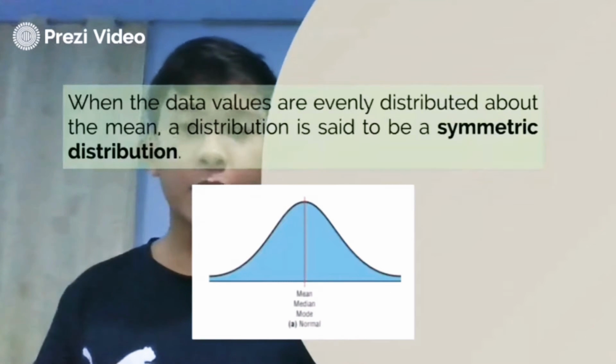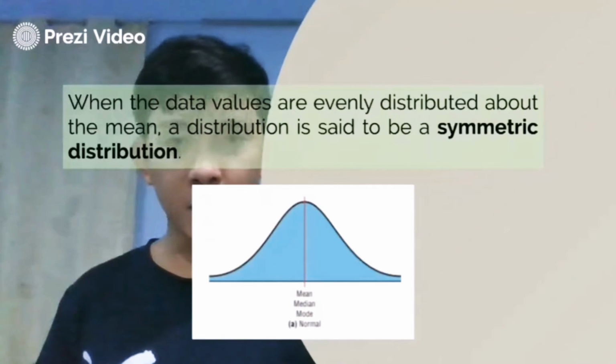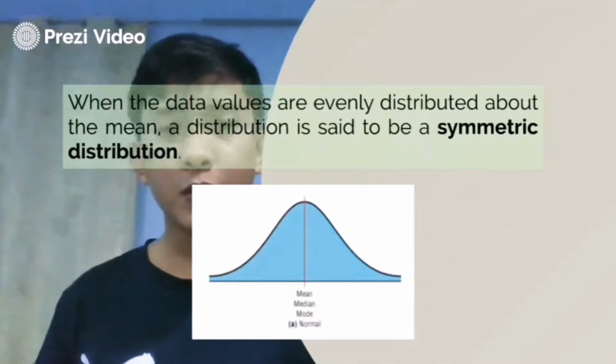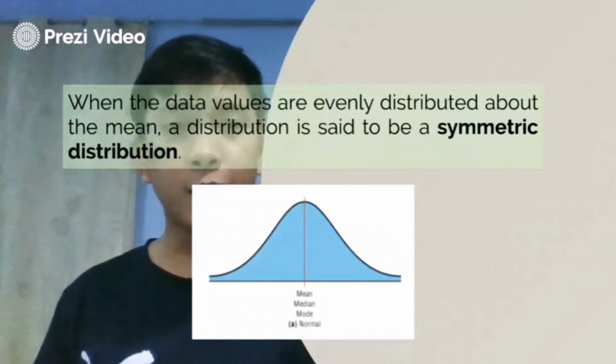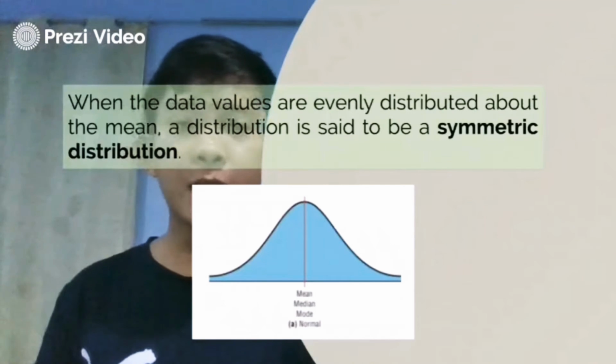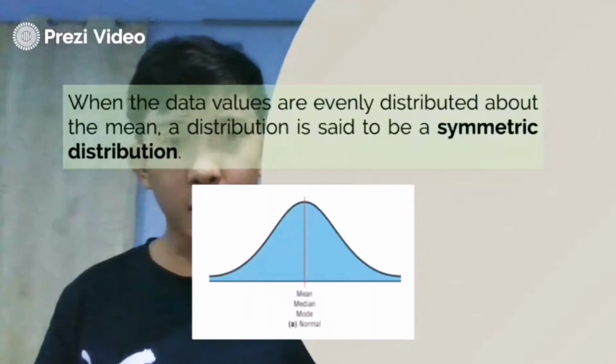When the data values are evenly distributed about the mean, a distribution is said to be a symmetric distribution. A symmetrical distribution occurs when the values of variables appear at regular frequencies, and often the median, the mean, and mode all occur at the same point, meaning they are equal.